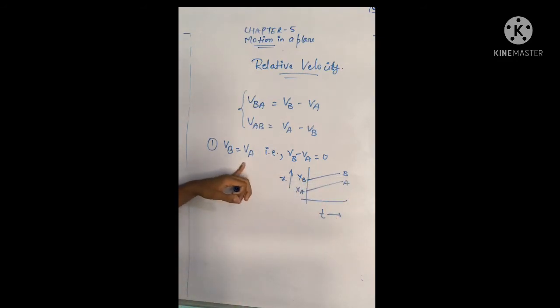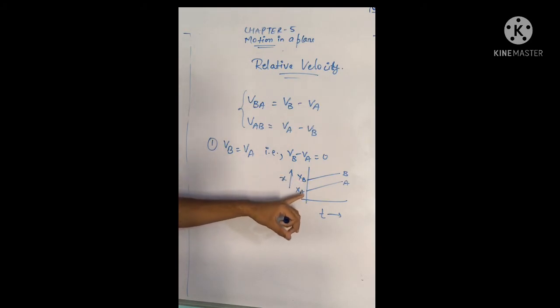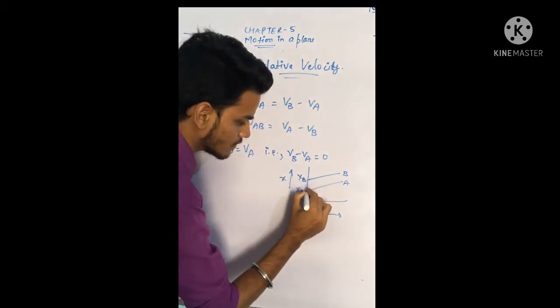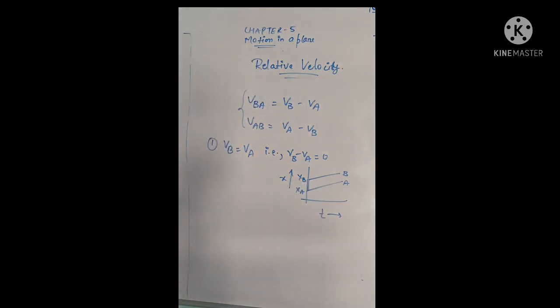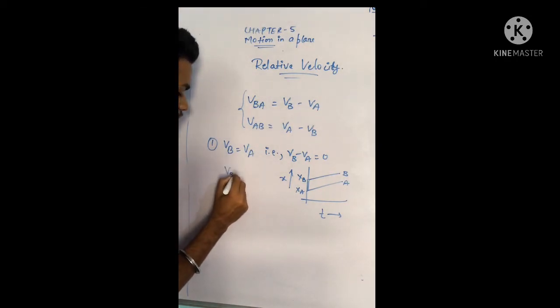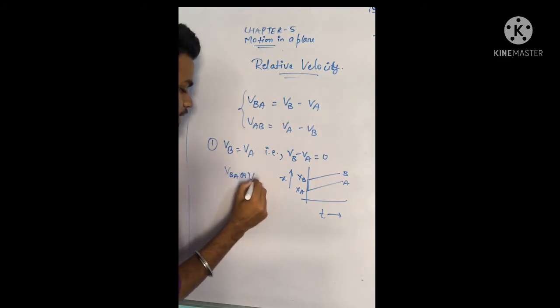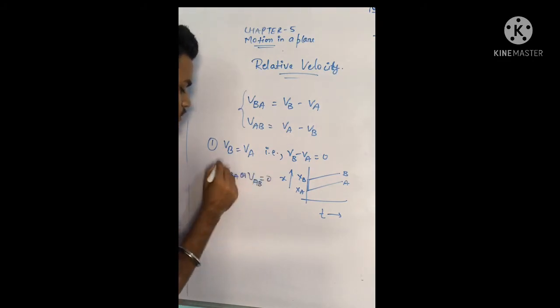If vb is equal to va, then it states that the two objects are moving in the same direction with the same speed, and the distance between them is constant for the whole case. Means both the lines are parallel.